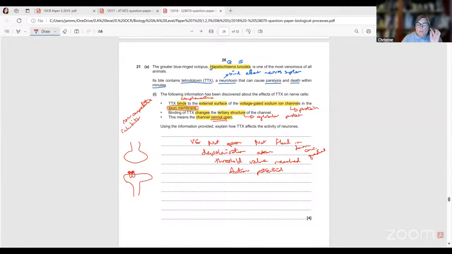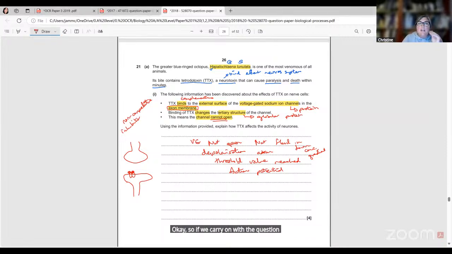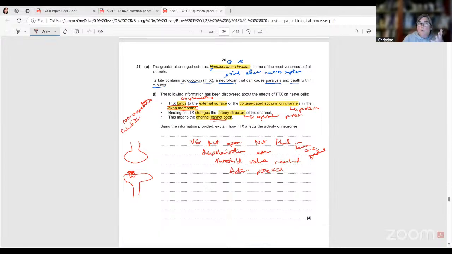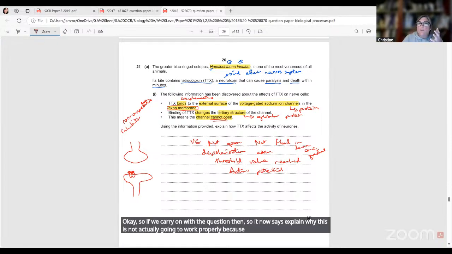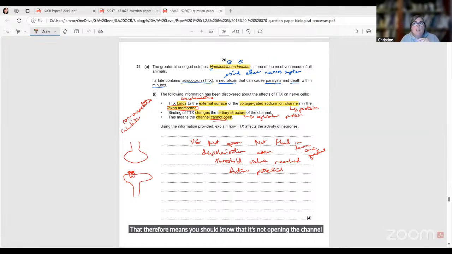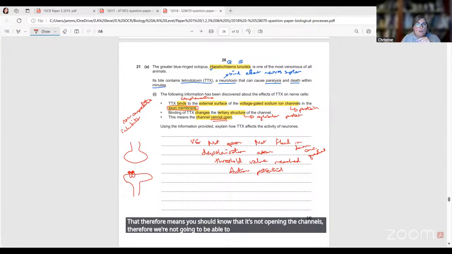Okay, so if we carry on with the question then, it now says, explain why this is not actually going to work properly. They've already told you that it is not opening the channels, and because of that, we're not going to be able to reach the threshold value because we're not going to depolarize the membrane.